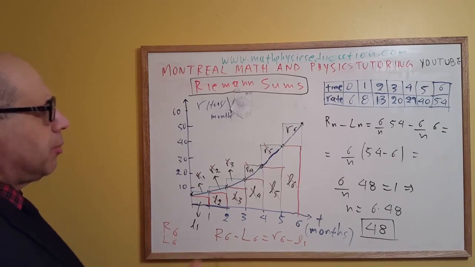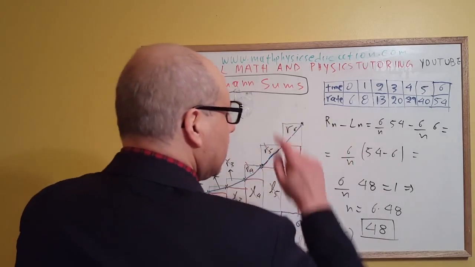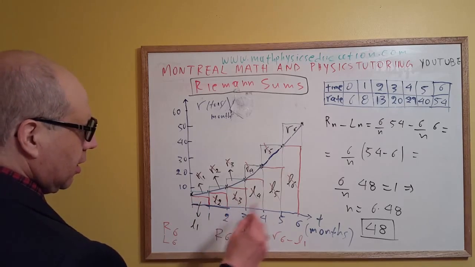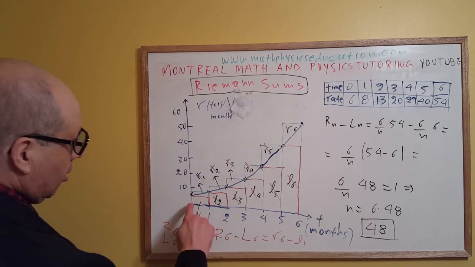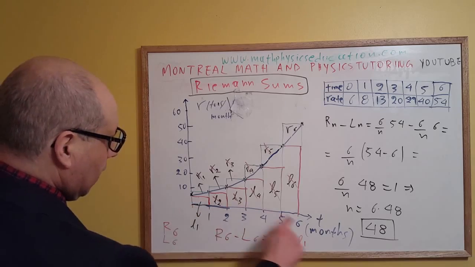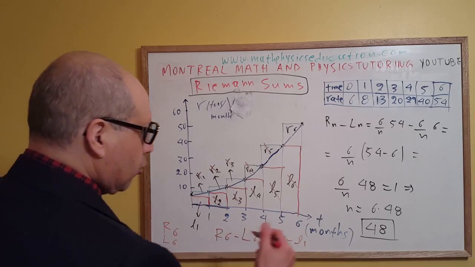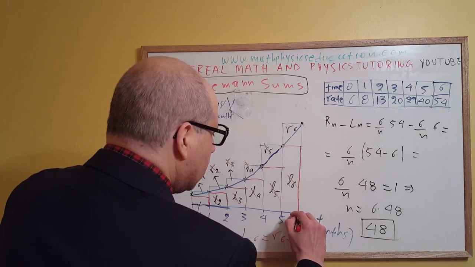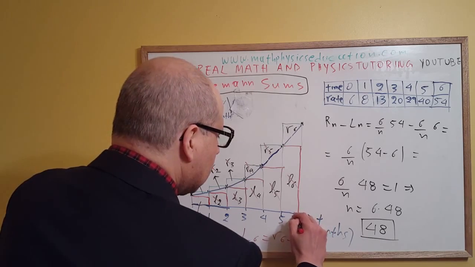Now, since we are trying to find this n here, let's assume that you split this interval here from 0 to 6 into n intervals.